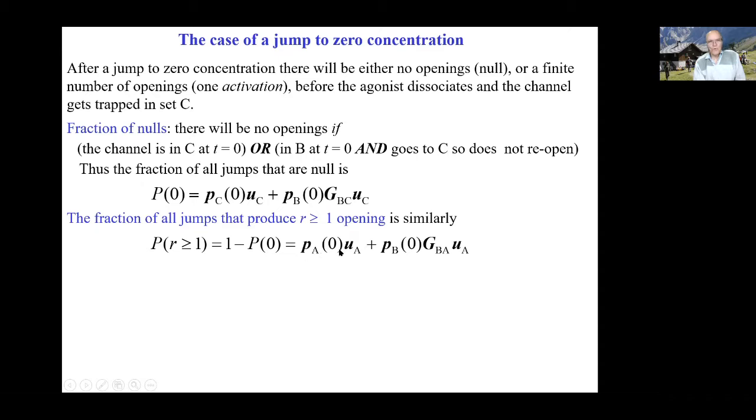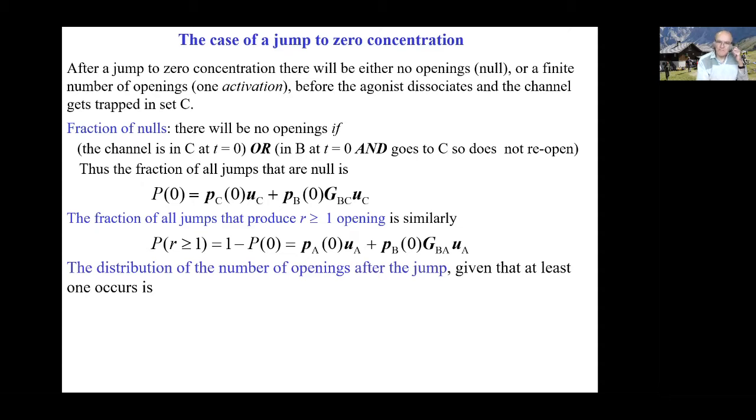This is the sum of all of the occupancies in the open state at t equals 0. These represent the channels that were open at time 0, the channels that were in a B state, but then, regardless of how long it takes, produce an opening.